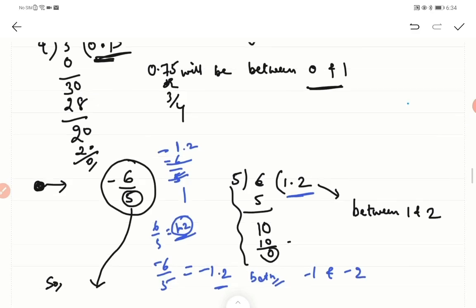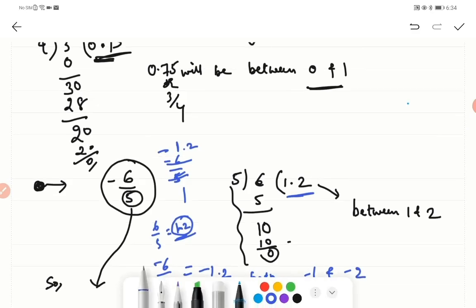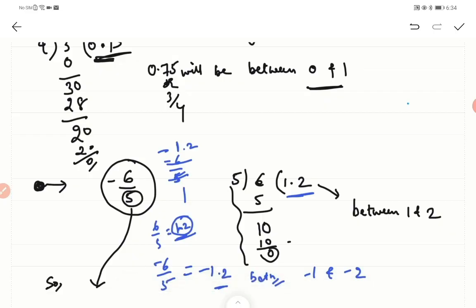So now go for plotting on your number line. It comes on the negative side, so I'll take 0 somewhere here, and -1 somewhere here, and -2 here. This number -6/5 lies between -1 and -2.